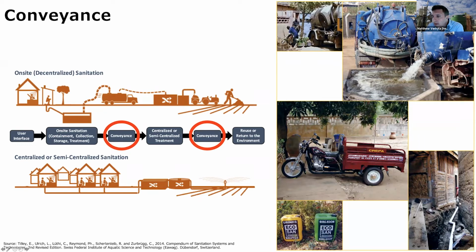In some densely populated urban communities, simplified sewerage systems are constructed as well. These sewers would connect mostly only the black water and convey that to a centralized location, whereas gray water may be discharged to a different drainage system.